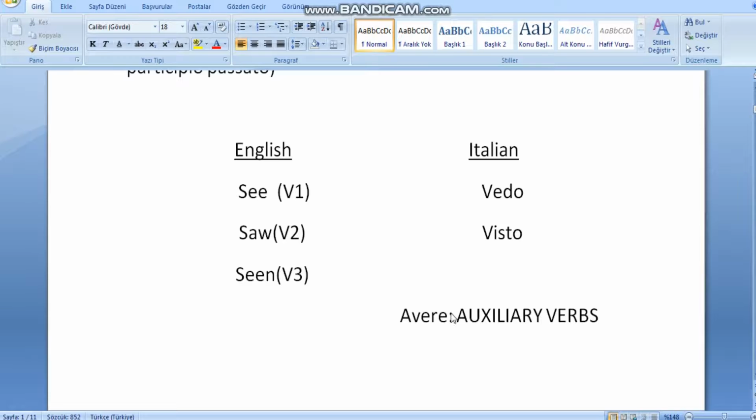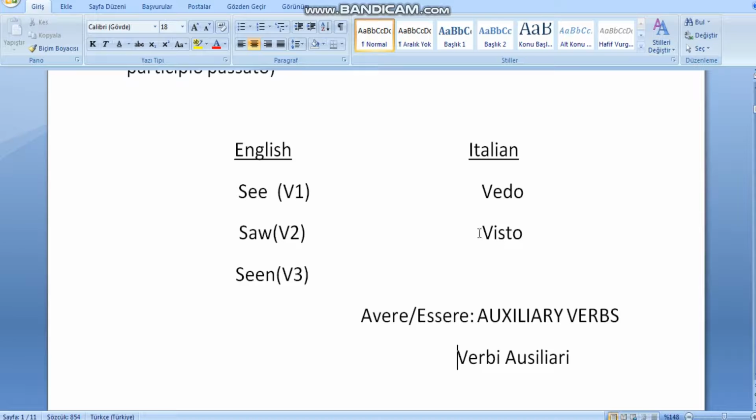We have auxiliary verbs, which are avere or essere, which in Italian are called verbi ausiliari. So as long as the auxiliary verb remains avere, we use the verb visto.